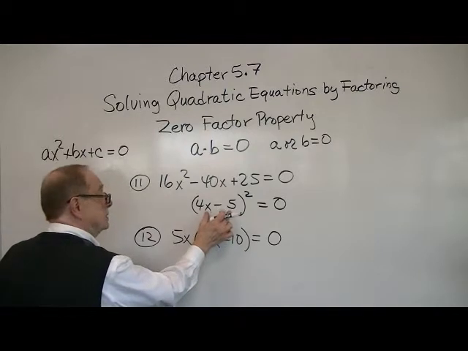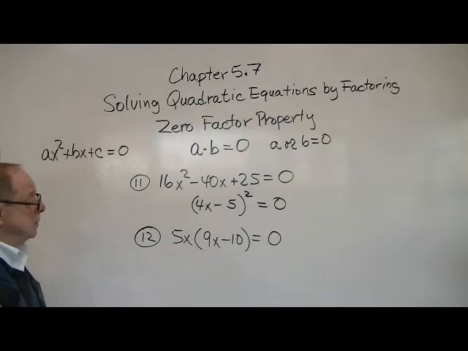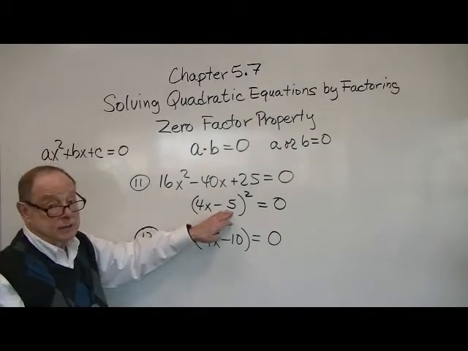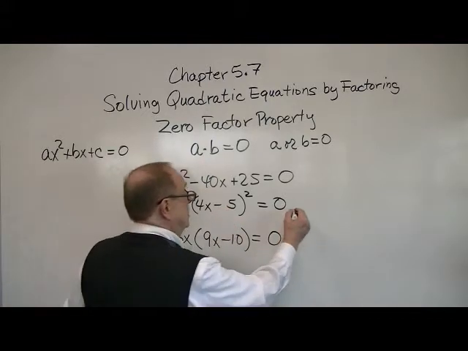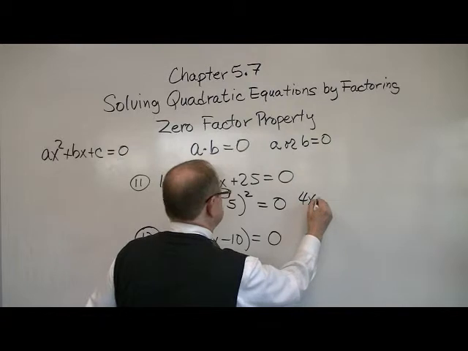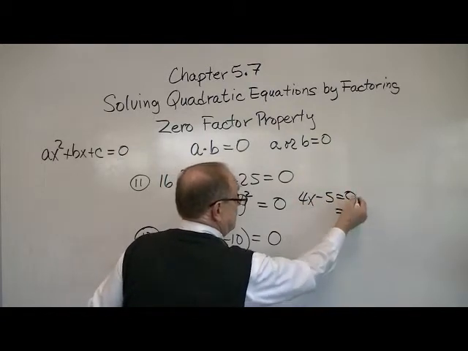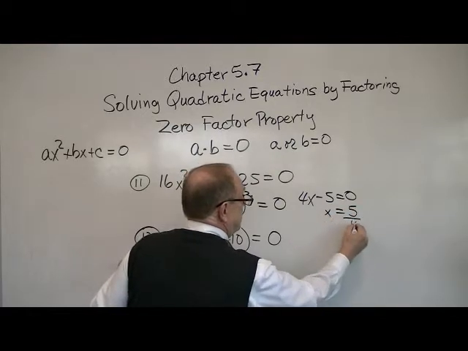We multiply this doublet, we get that, we FOIL it, it works out. So here we have 2 answers that actually are going to be the same, because this can be worked out as 4x minus 5 equals 0. So we transpose the 5 and then divide by 4.